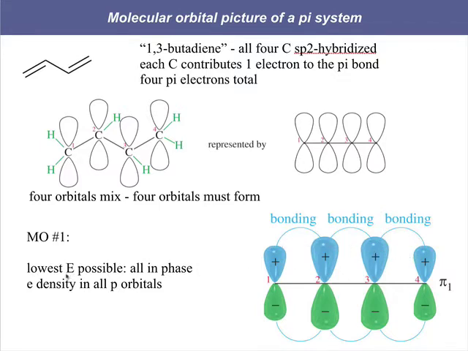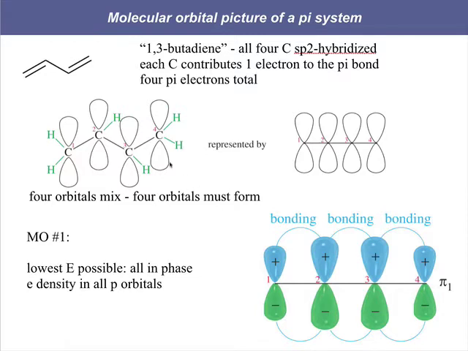That is the lowest energy arrangement, where all waves are mixing in phase. This also means that there is electron density between all the carbons in all the pi orbitals. So we basically have pi bonding interaction between 1 and 2. We also have pi bonding between 2 and 3. And we also have pi bonding between 3 and 4.